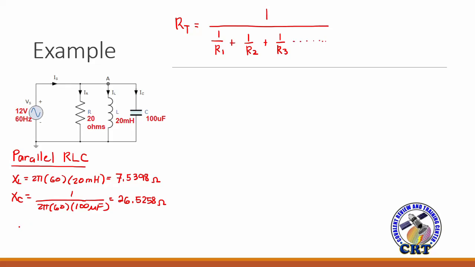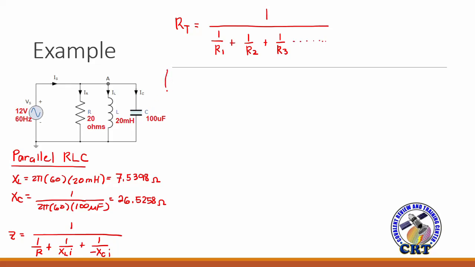Therefore, the total resistance here is the impedance, and the impedance is the total ohmic values. But since this is in parallel connection, this is our solution for the impedance: 1 over R plus 1 over positive XL i plus 1 over negative XC i.